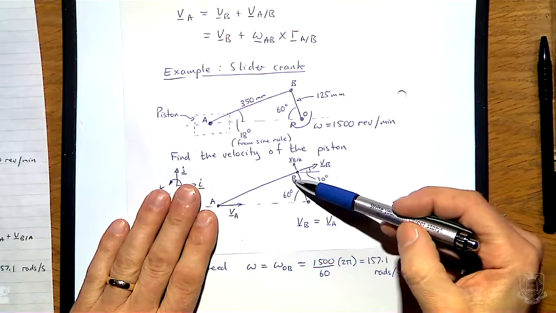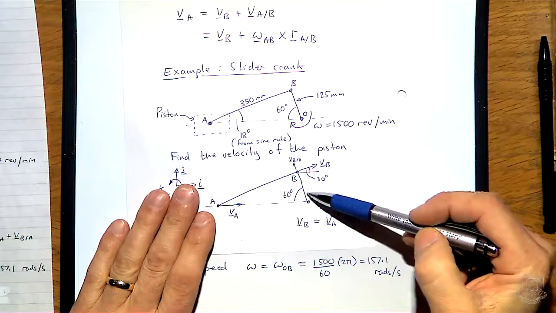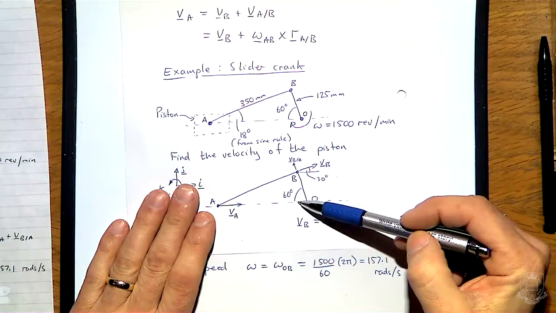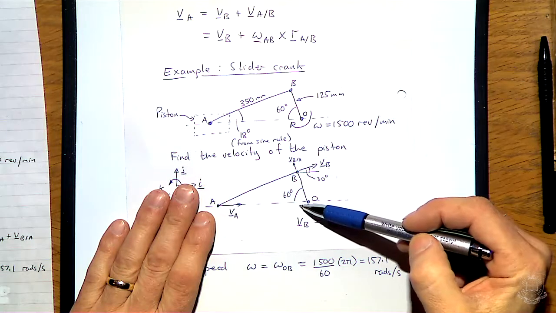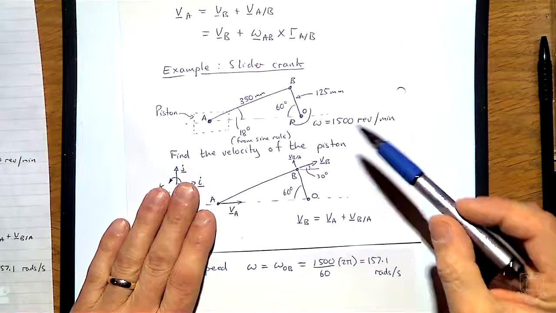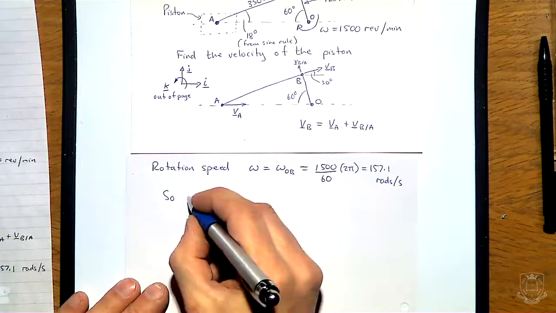This distance here is the radius, so that would be the radius from O to B. This thing here is the rotation speed, omega OB. So if we cross product this with this rotation, we'll get VB.